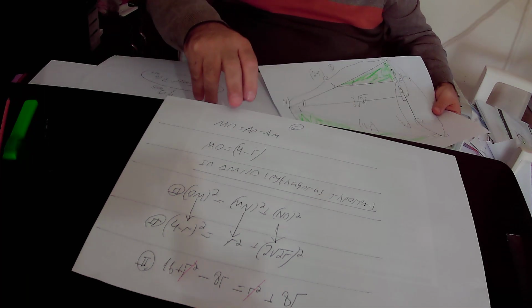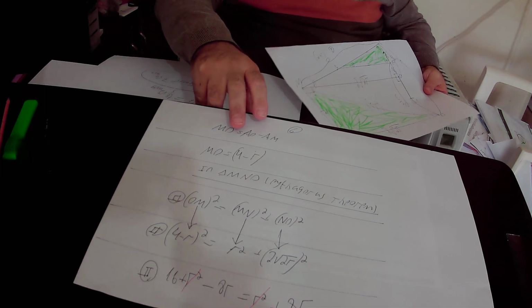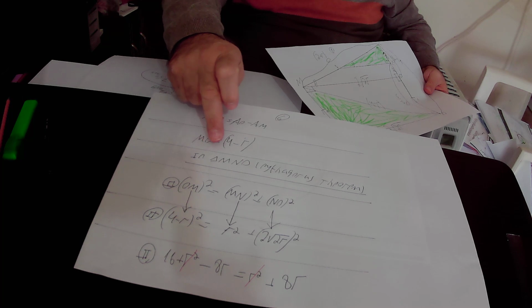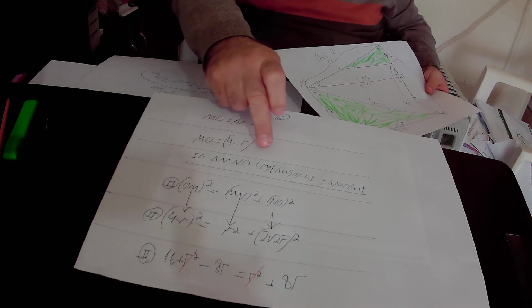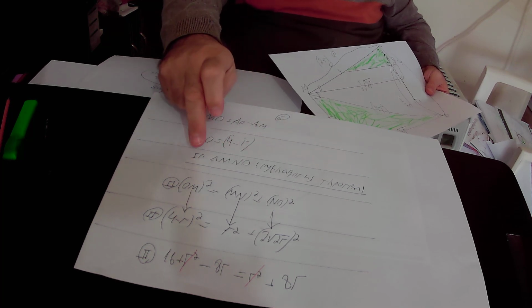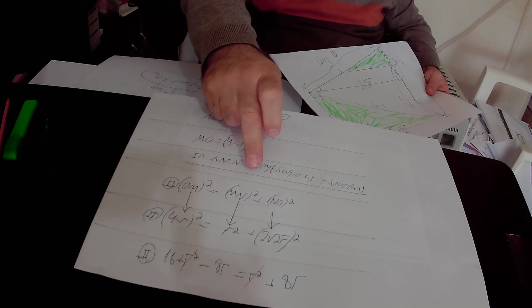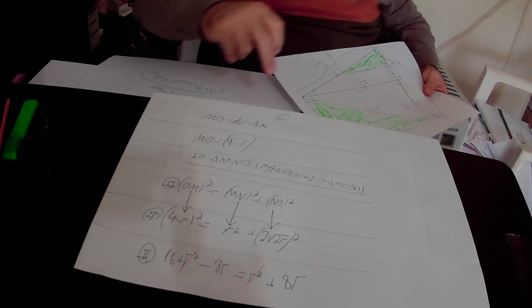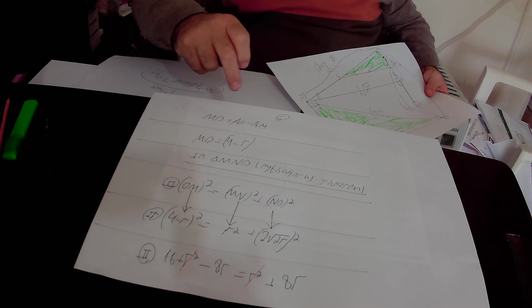So here in the right triangle, triangle MNO, according to the Pythagoras theorem, MO squared equals MN squared plus NO squared.